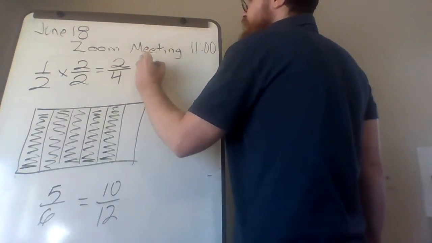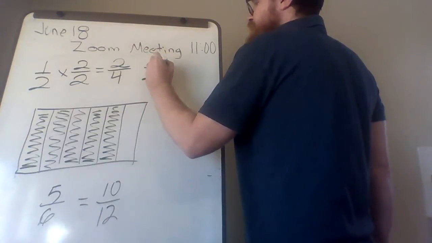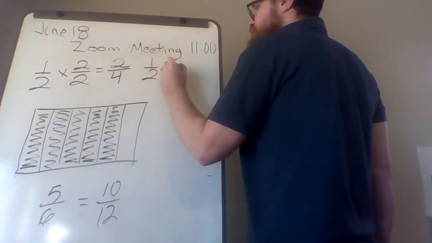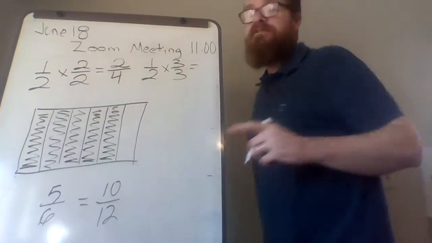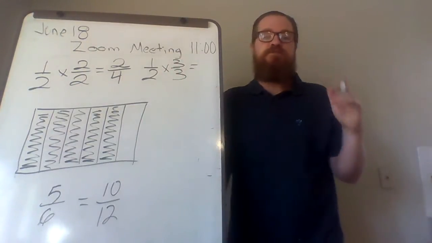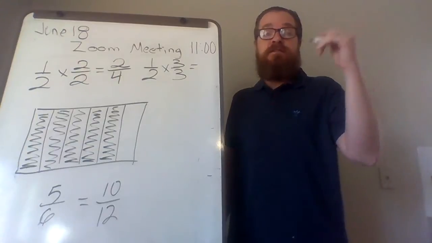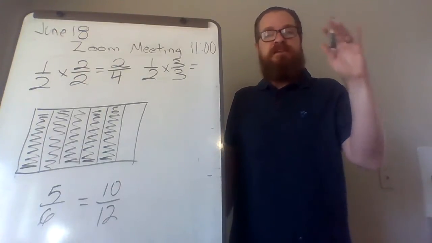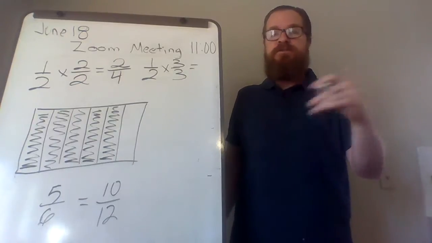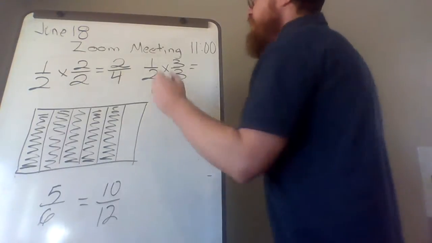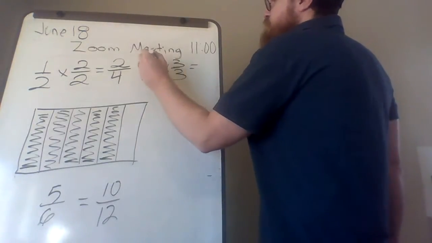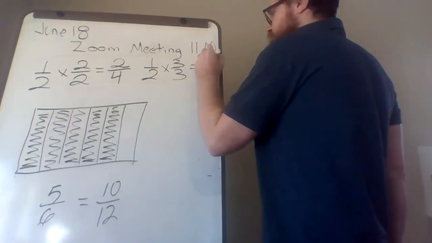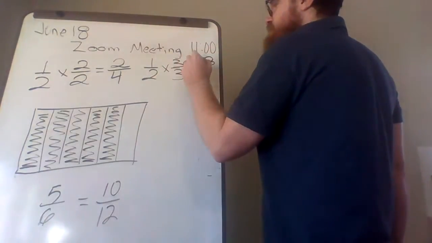If I take 1/2, I can multiply that by 3/3. Again, the key there is to make sure that you're multiplying the numerator and denominator by the same number. Okay? If you mix that up, then you have a fraction that is nowhere near equivalent. Okay? So we have numerator 1 times 3 is 3. 2 times 3 is 6.